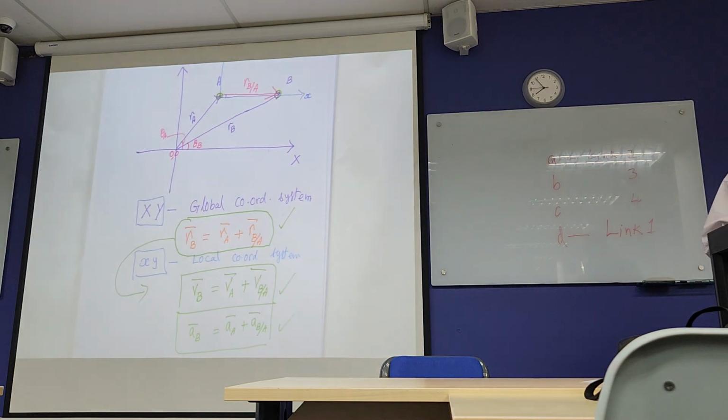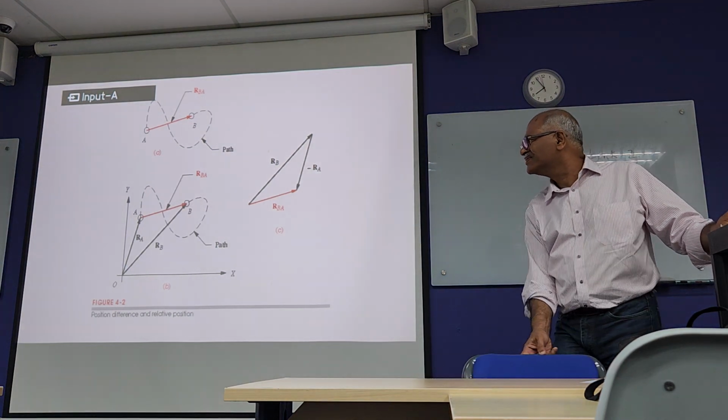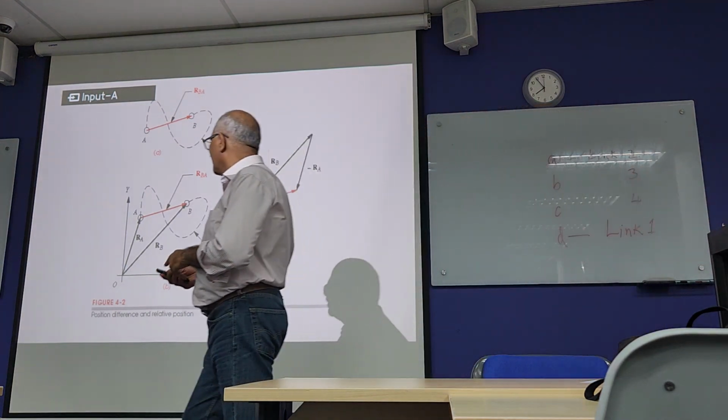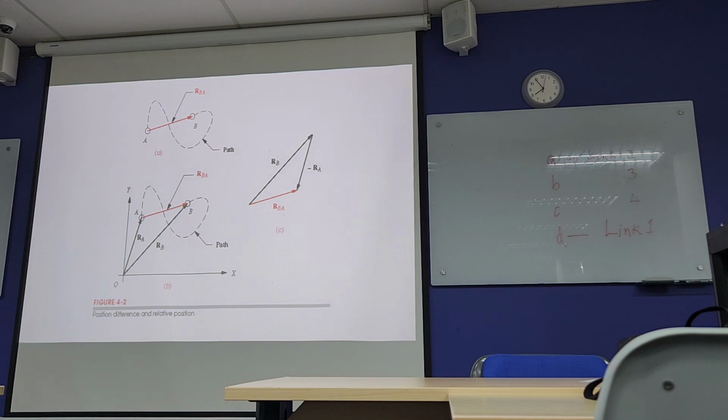Okay. I'll go back to the slides. The same thing here you can see. Capital X, capital Y are the global coordinate systems. Point A, the position of this is shown as RA.